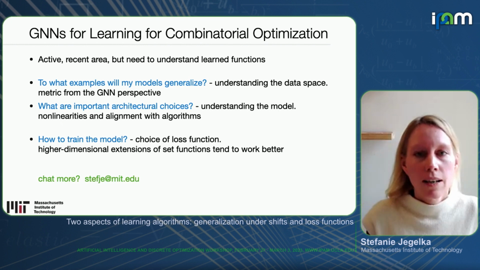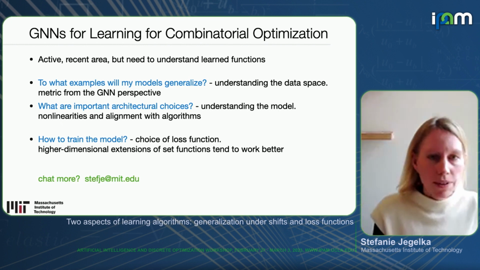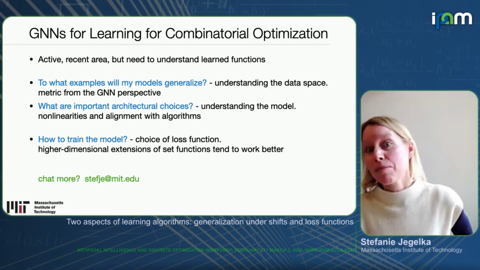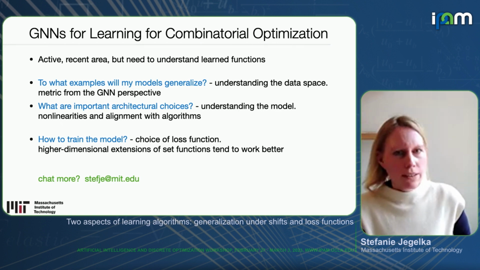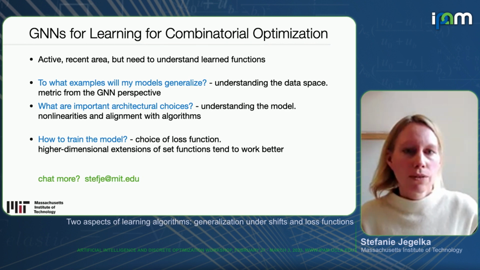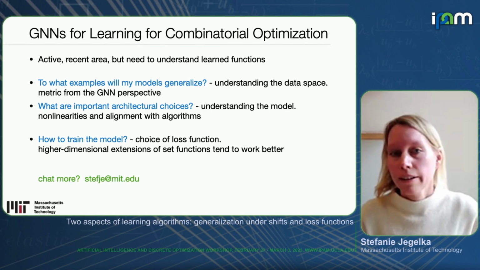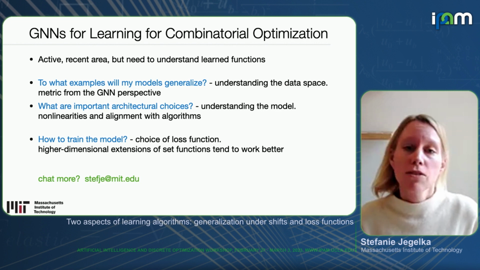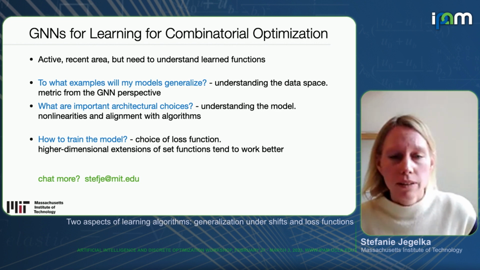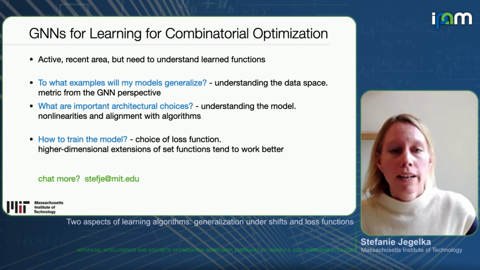All right, so let me conclude with that. What I showed you hopefully gave some ideas on trying to better understand what neural networks do when they learn discrete optimization problems, but maybe you can also generalize this to continuous ones.